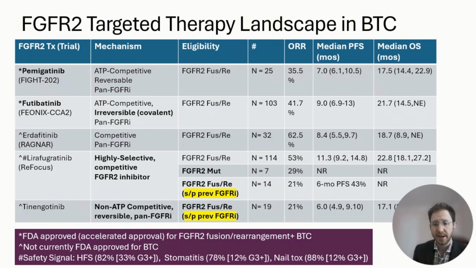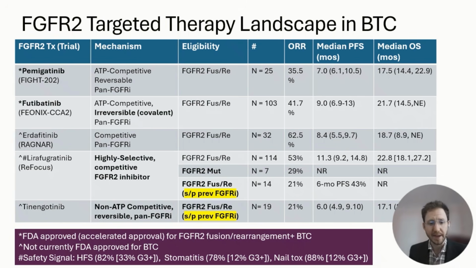It does come with a trade-off of having higher rates of hand-foot syndrome, stomatitis, and nail toxicity compared to the pan-FGFR inhibitors. And then, going from very specific to just more of a novel mechanism of pan-FGFR inhibition, is tenigatinib, which is really being groomed to be hopefully the next step after a patient progresses on something like futibatinib or pemigatinib.